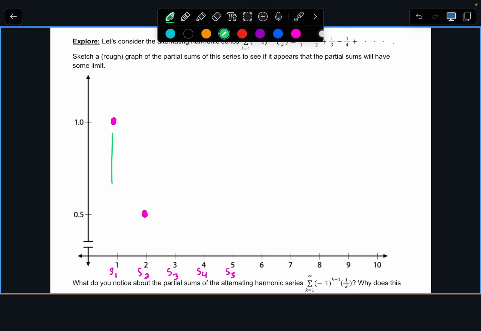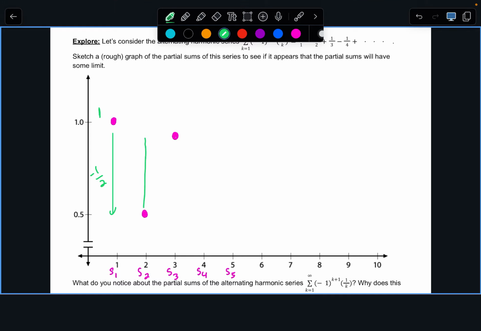So we go down because we take our thing and then we do minus a half. Here we started at 1. Our next sum is a half plus a third, which I think is 5/6, but the details are less important than showing what's going on here.